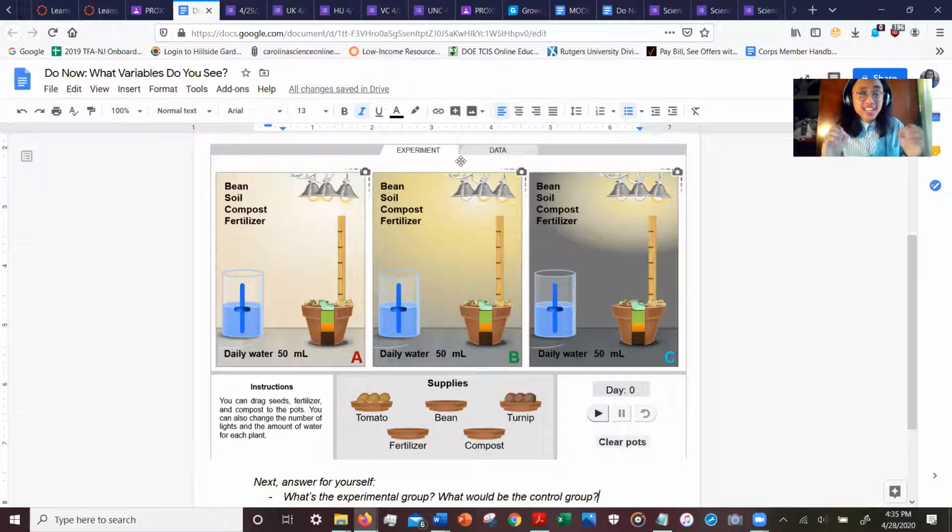Even as absurd as it sounds, if you don't have evidence that shows that no light means less height that the plant gets at the end of 50 days, then you're still wrong. You need evidence, and that is the bottom line story of why you need a control group in a controlled experiment.